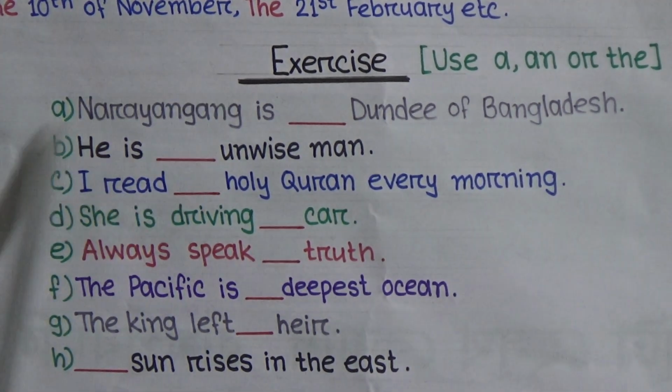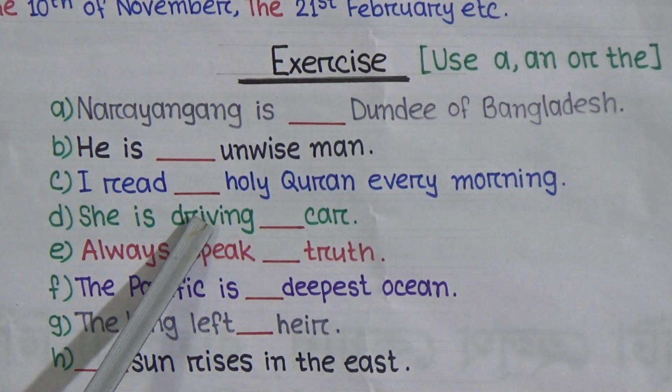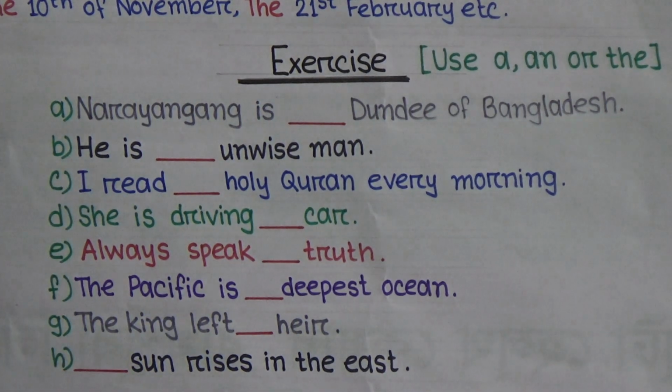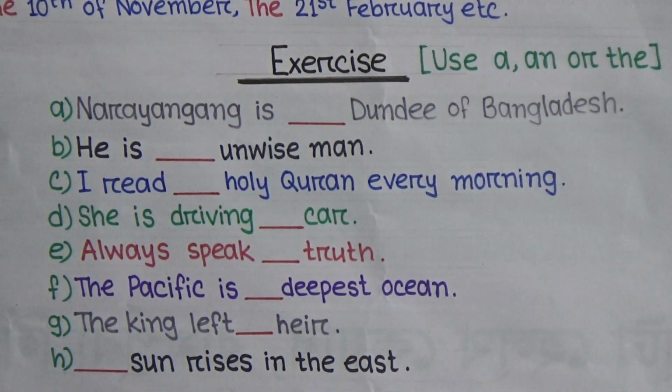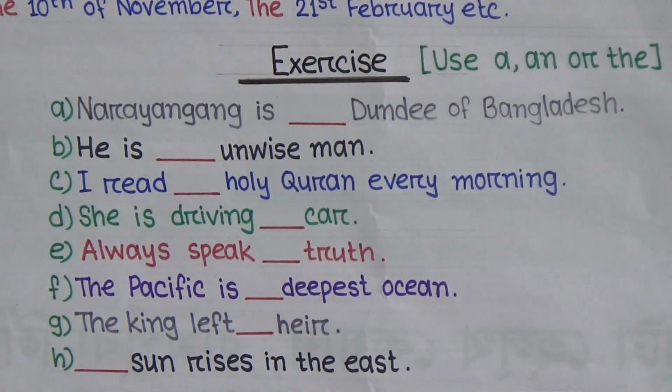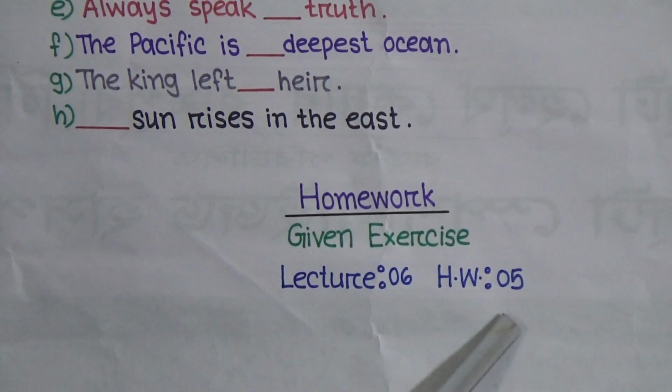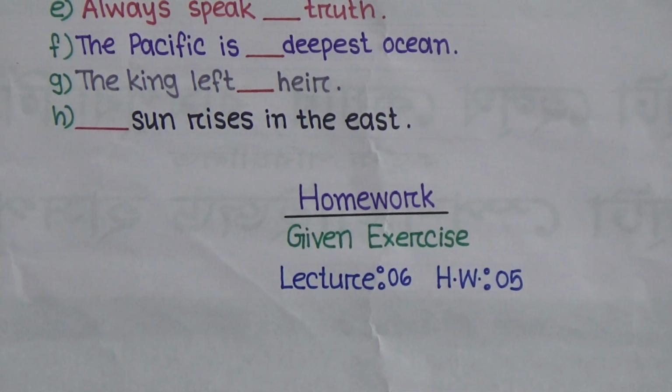And if you feel any problem, you can contact me, or you can ask while it is the time of live class. So you have to do this given exercise as your homework in your SW copy, and don't forget to write the lecture number and homework number at the top of the corner of your copy with date. Our lecture number is 6 and homework number is 5.